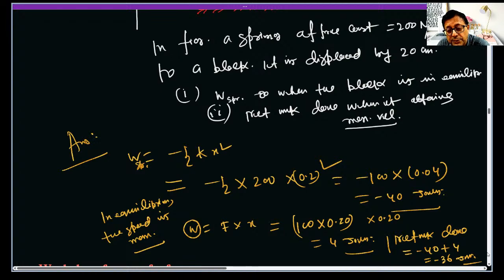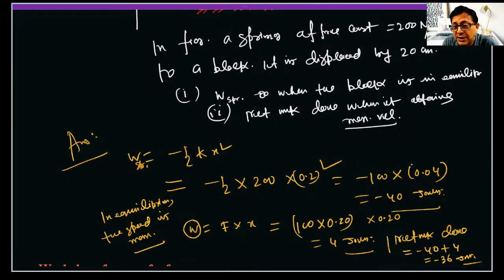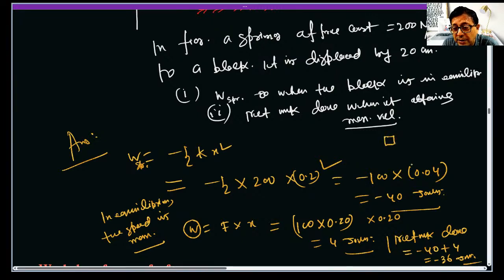It's okay, because the spring will bring it back to the original state. Maximum velocity it acquires when it is at the original state, isn't it? It is displaced from here to here, now released. Then the spring works. First time, the work is done by the spring against the displacement.